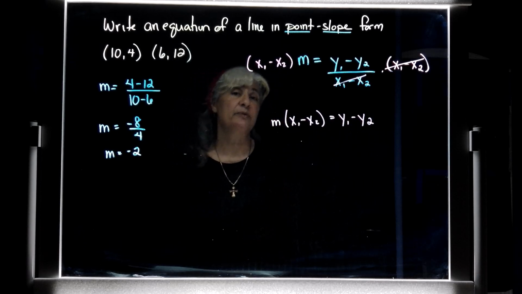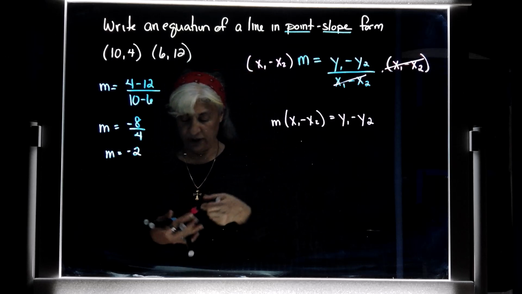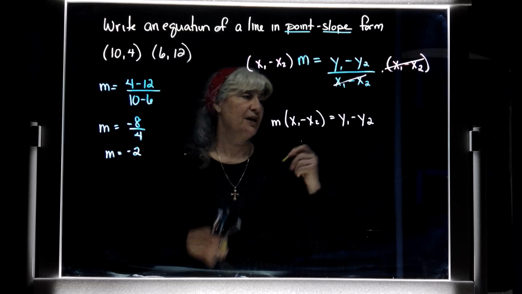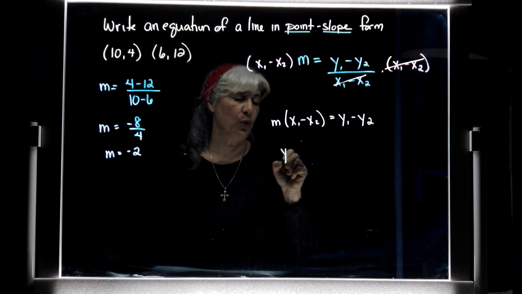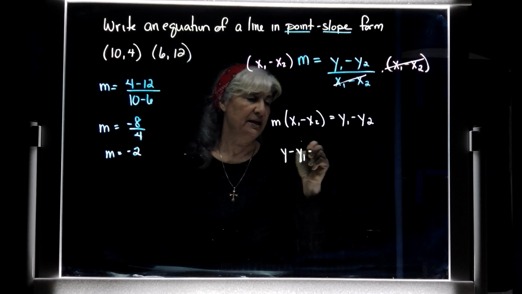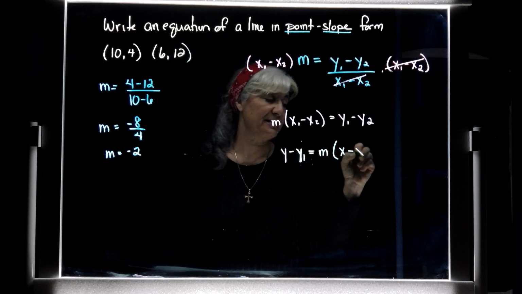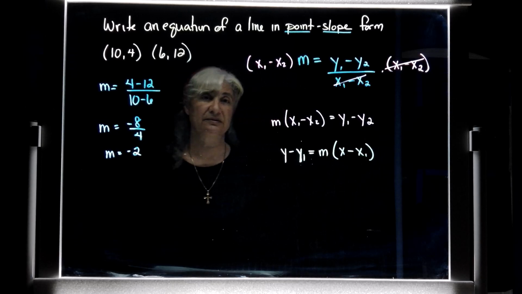If you don't mind, I'm going to switch the y's to the left-hand side. And as I do, watch what happens. Now this is going to be y minus y1 equals m times the parentheses x minus x1.